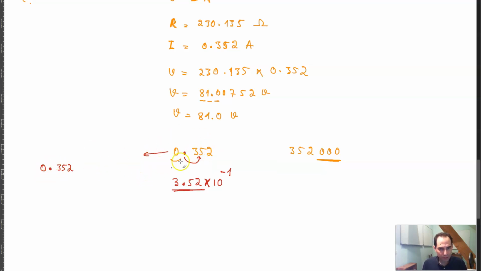Or you could have the same number as 0.000352, and still all of these zeros are placeholders, because you can still write this number as 3.52 into 10 raised to the power, for example, negative 4, and still you would have 3 significant figures.